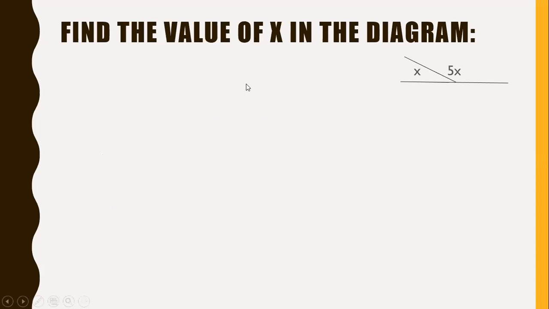Now, the next question is x plus 5x. According to which angle? Supplementary, very good. According to supplementary angles, x plus 5x is equals to what? 180 degree.